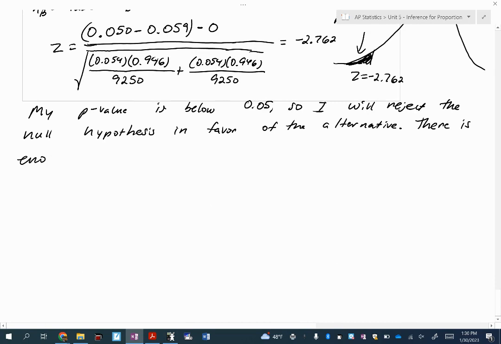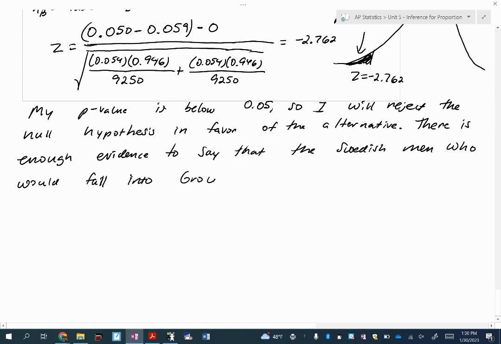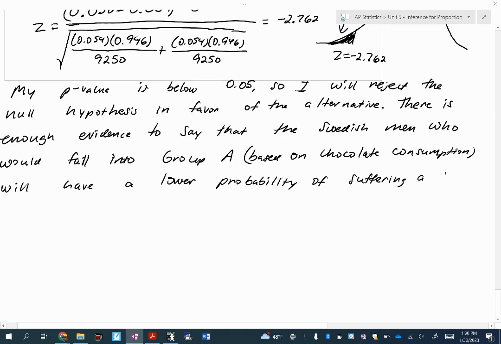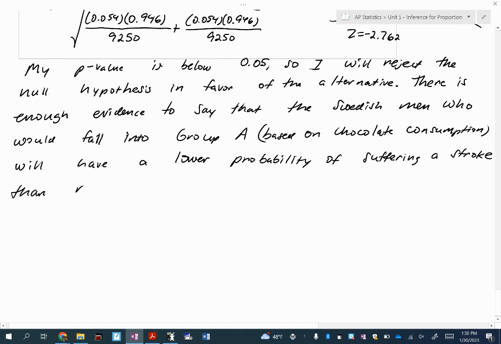There is enough evidence to say that the Swedish men who would fall into group A, based on chocolate consumption, will have a lower probability of suffering a stroke than Swedish men who fall into group B.